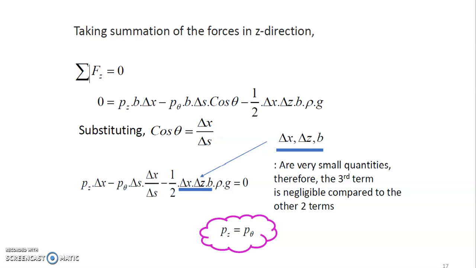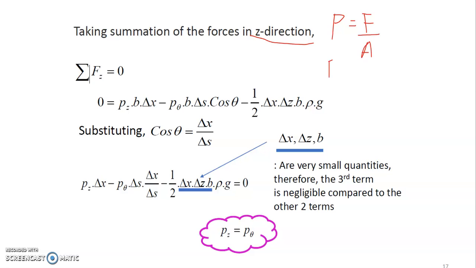Okay, we need to take the summation of forces in the z direction. So the sum of forces in z is equal to 0. How do we calculate this? We use the formula of pressure, P, which is force over area. So force is pressure times area. So this is pressure Pz times the area.